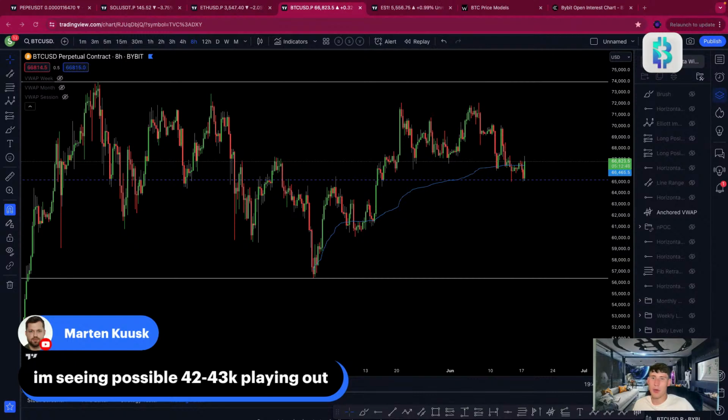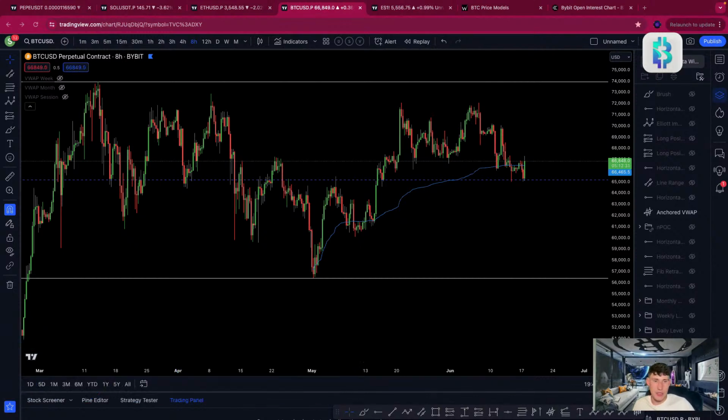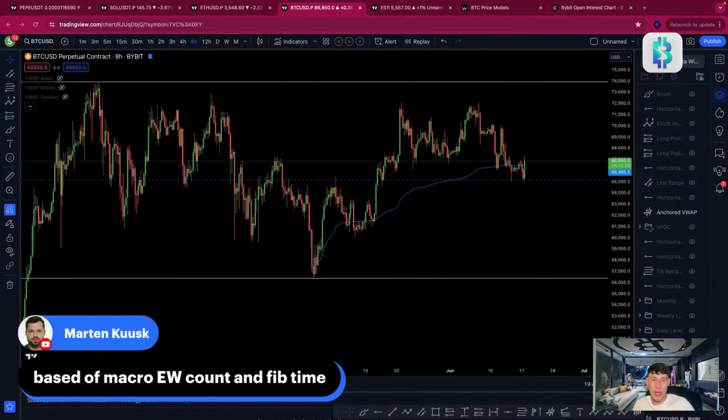I'm seeing possible 42K or 43,000 playing out. Yeah, I mean that is a possibility, right? Based off of macro Elliott wave count and fib time.